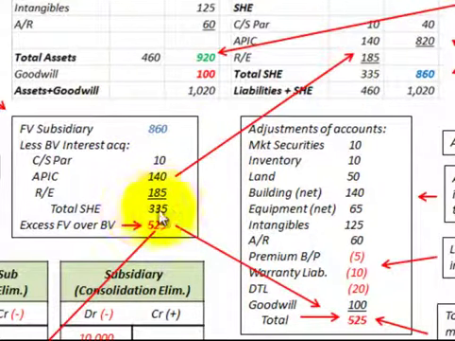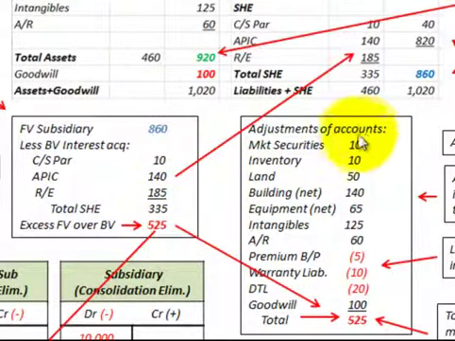Comparing the total shareholders' equity to the fair value of the subsidiary of $860,000, we got an excess of the fair value over the book value of $525,000. That's the amount that has to be accounted for when we make our adjustments to our accounts in the consolidation process. The $525,000 adjustment amount has to equal this excess of the fair value over the book value.